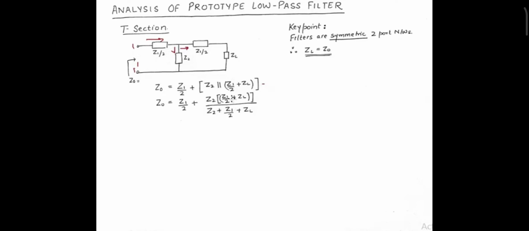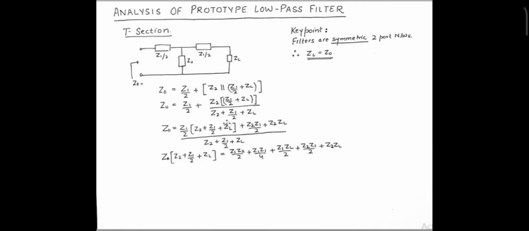In the next step, I've just used the formula for parallel impedances. So Z branch 1 into branch 2 upon branch 1 plus branch 2. That's also very simple. And in the next step, what I've done is I've taken the LCM. The LCM becomes Z2 plus Z1 by 2 plus ZL, and this gets multiplied in the numerator part.